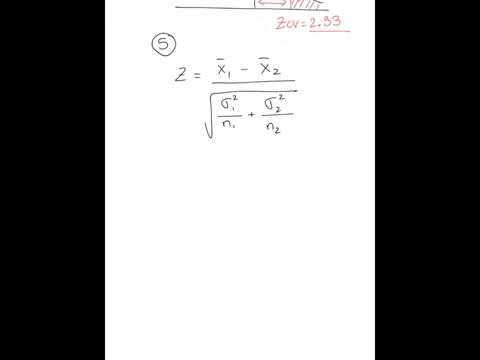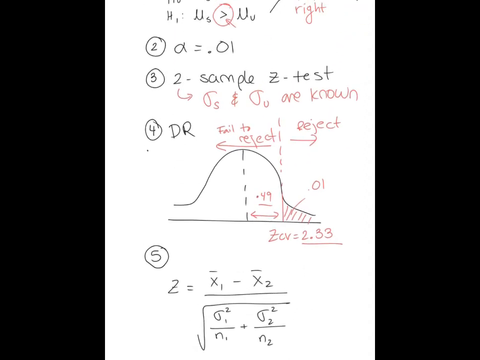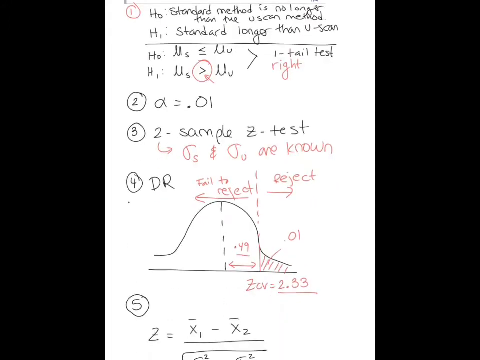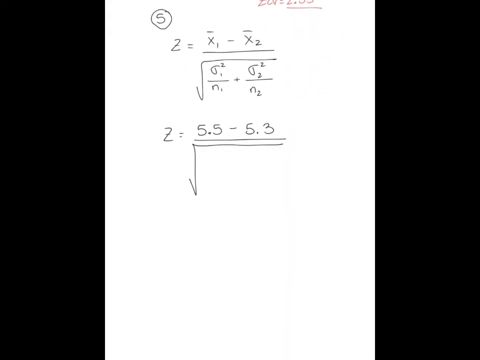For z, we know x1 bar is given to us to be 5.5, and this is of course the mean of the standard method minus the mean of the UScan method, divided by the square root. And here we're given our data in terms of standard deviations, so we need to square those to get the variances.